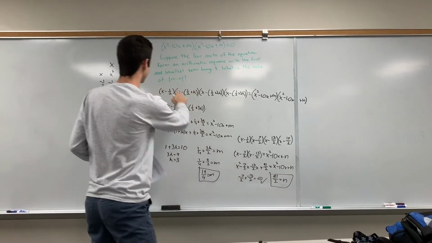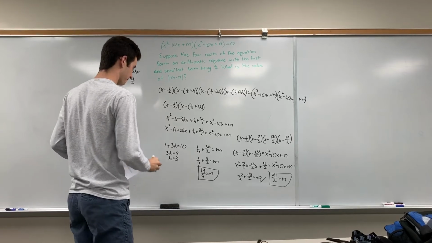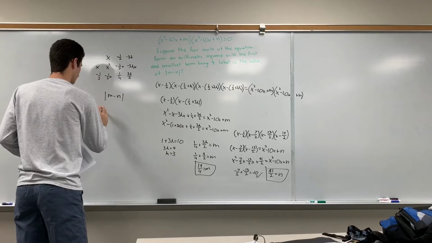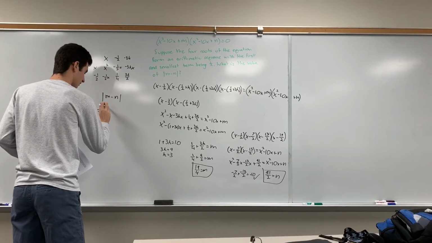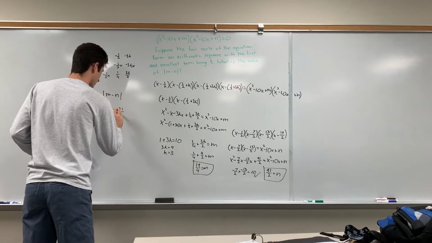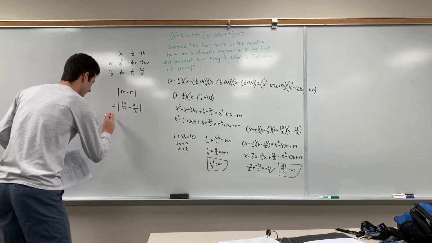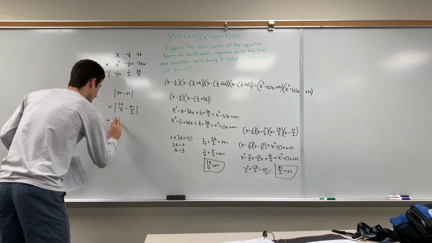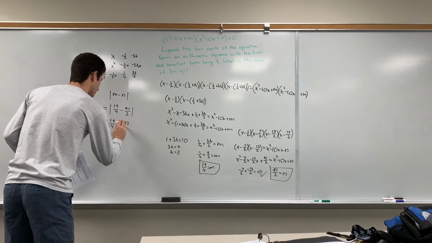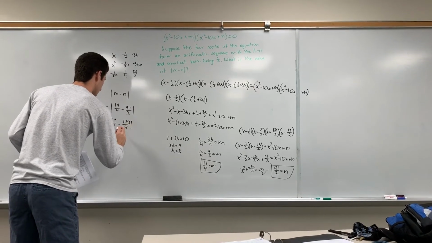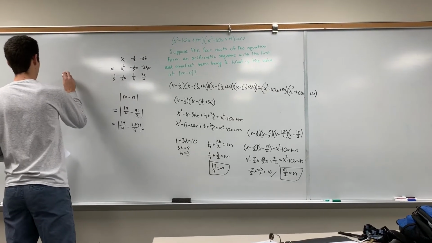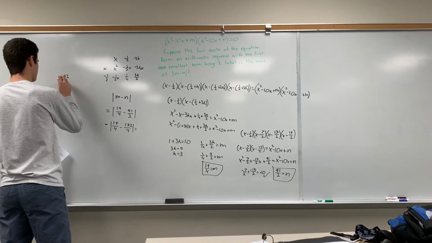Now you're just looking for the absolute value of m minus n. So the absolute value of m minus n equals 19 over 4 minus 91 over 2. So that's 19 over 4 minus 182 over 4, which is 182 minus 19.